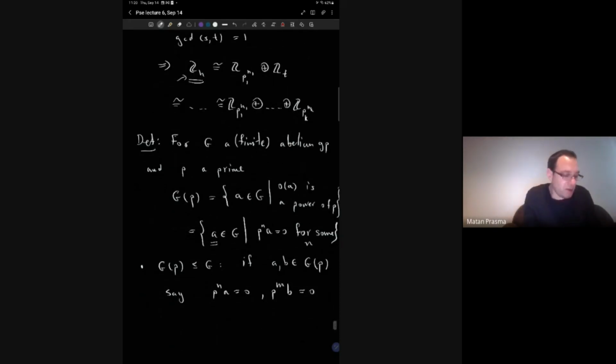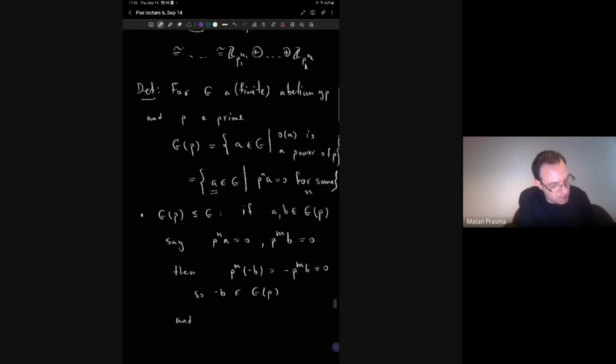So first, the inverse of b is minus b. And this means that p to the m times minus b, which we know is equal to minus p to the m b, is again 0. So minus b belongs to G_p as well.